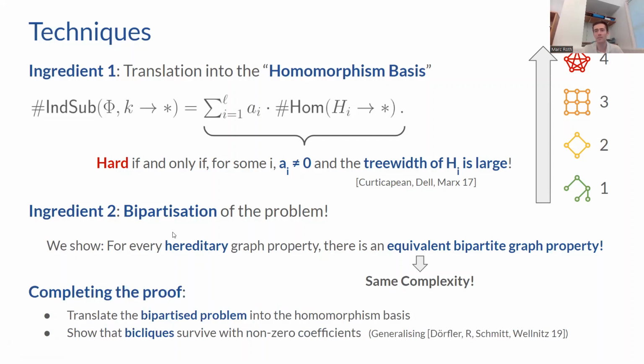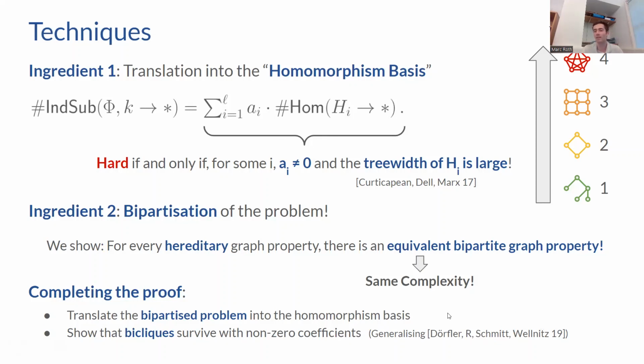But with that done, having this equivalent bipartite graph property, we translated the bipartized problem into the homomorphism basis. And then we were able to prove that the bicliques, so complete bipartite graphs, survive with a non-zero coefficient. And we were able to do that by generalizing earlier work on this problem.